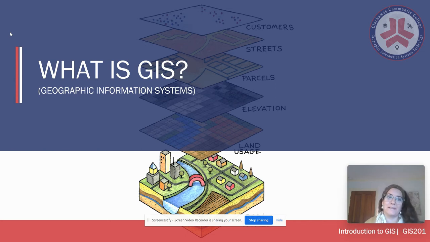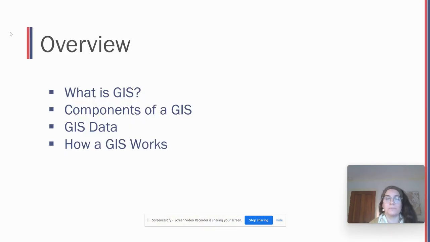So this is really our first official lecture, aside from our welcome week, into learning about what GIS really is. GIS is an acronym for Geographic Information Systems.